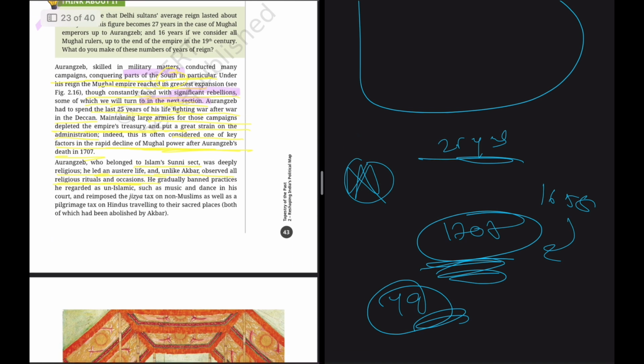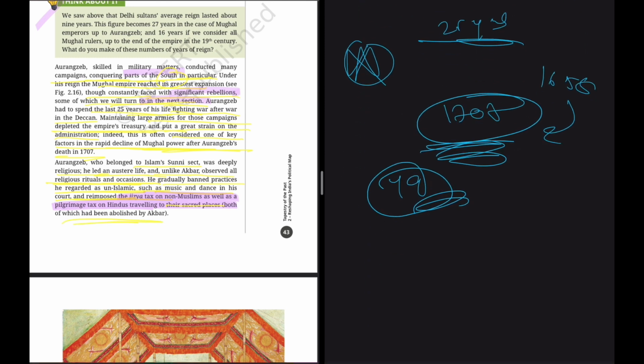He gradually banned the practices he regarded as non-Islamic, such as music and dance in his court, and reimposed the Jizya tax on non-Muslims, as well as the pilgrimage taxes on Hindus traveling to their sacred places, both of which had been abolished by Akbar. So Akbar had thought of maintaining peace, he had realized, and abolished the Jizya tax and the pilgrimage tax on Hindus.